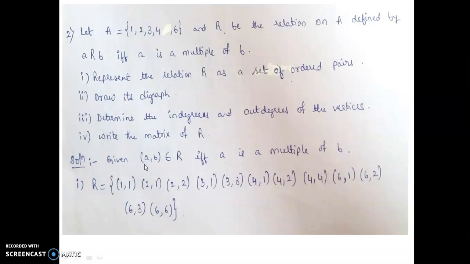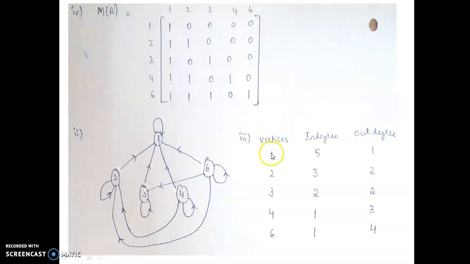Next, what is asked in this: determine the in-degrees and out-degrees. We have these vertices 1, 2, 3, 4, 6. In-degrees of 1 in R: we have 1, 2, 3, 4, and the self one, so 5 in-degrees, and the out-degree is only 1, the self loop. For vertex 2, how many in-degrees?